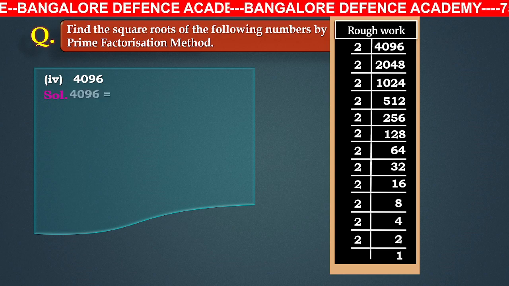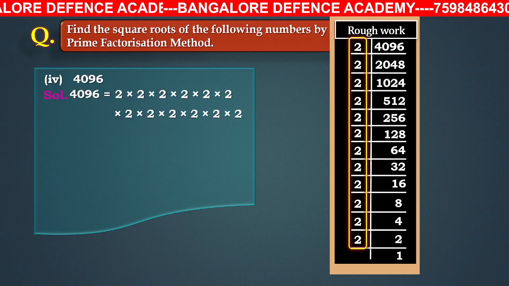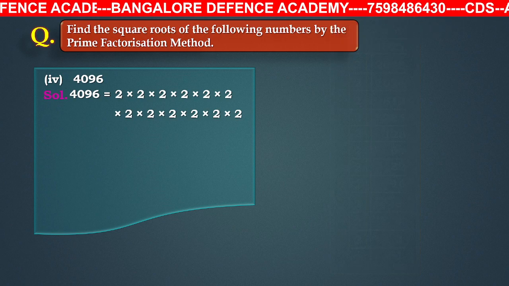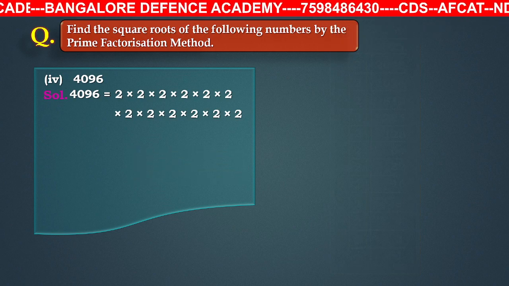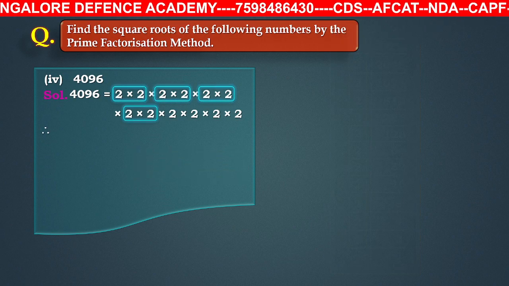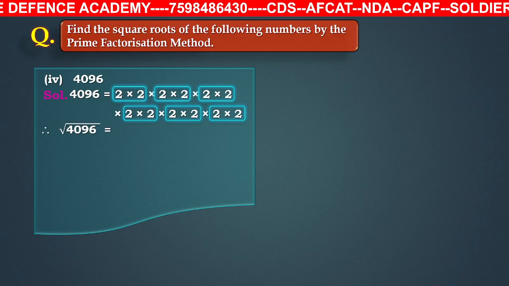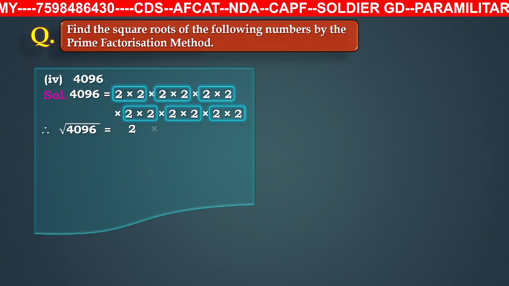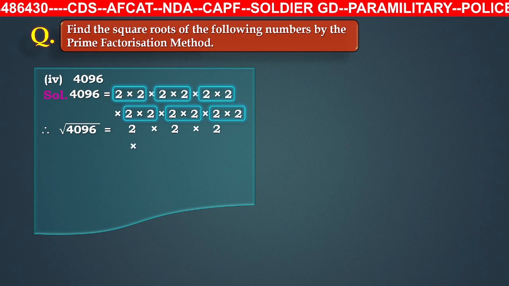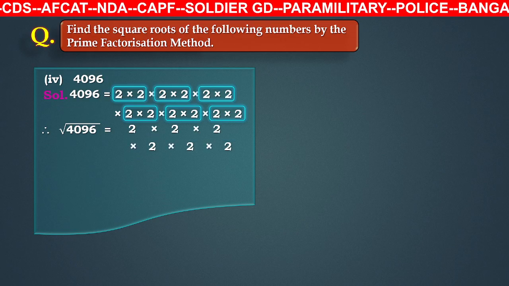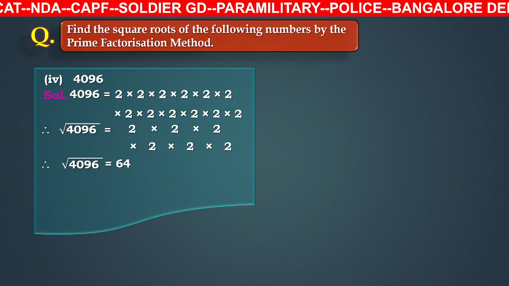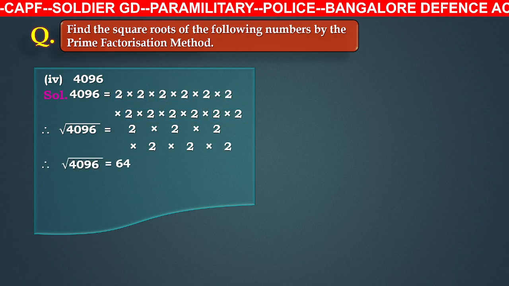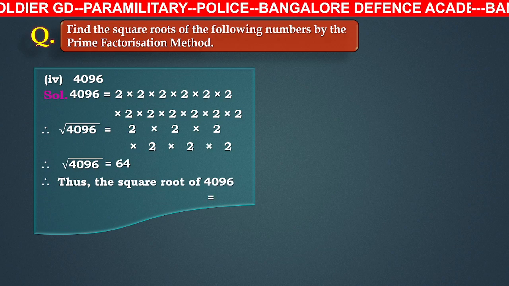Now all these 2s I'm going to take horizontally and make pairs. From each pair I'm going to take 2 outside. So this is 2, this is 2, this is 2. Finally when I multiply all these 2s, I get the answer as 64. So the square root of 4096 is 64.